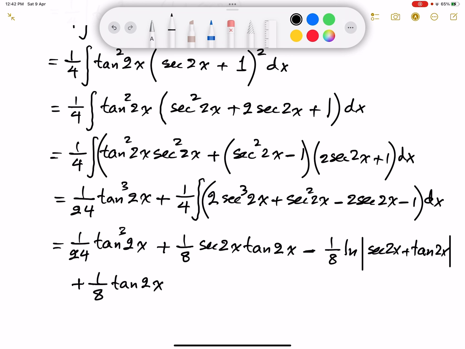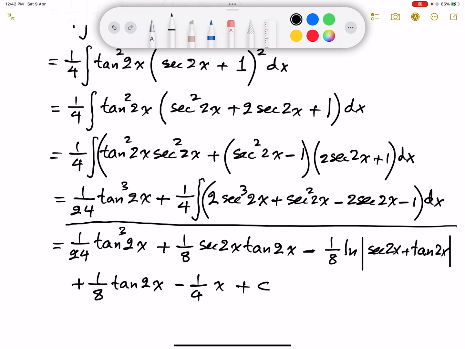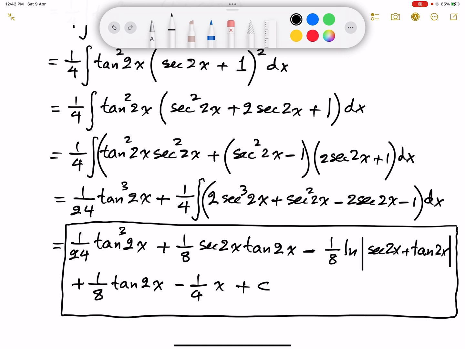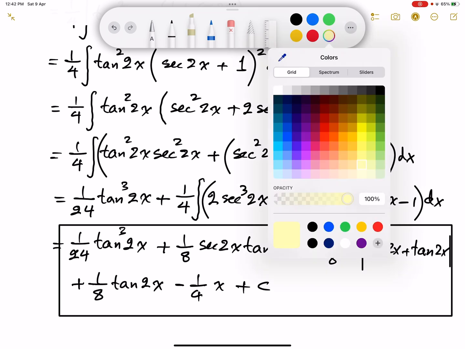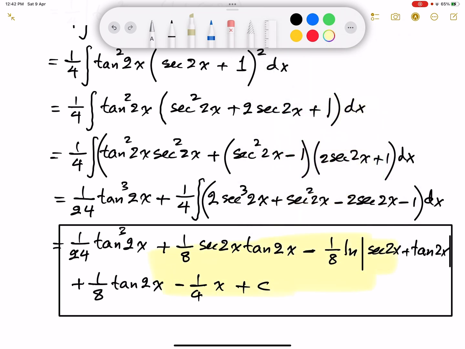So we're done also with the 2 secant 2x term, and the last term is going to be minus 1/4 of x plus c, and that is basically the final answer here. So I'll put that in a box, and let's highlight it in yellow. That's basically the final answer here.